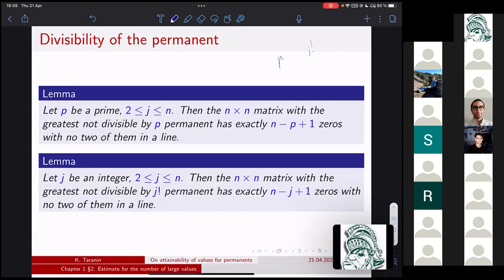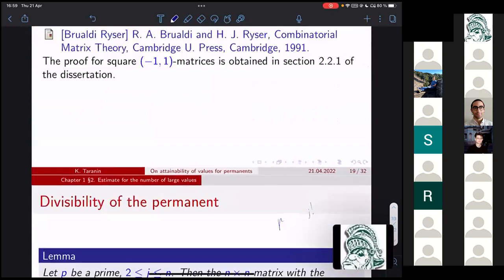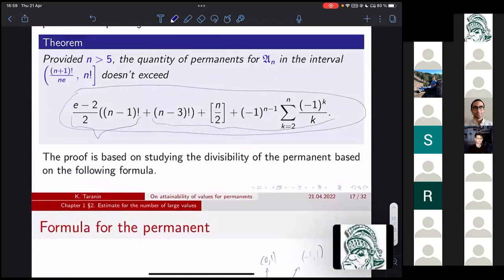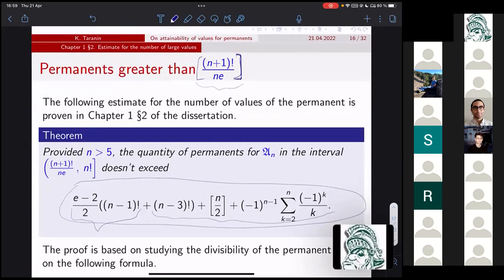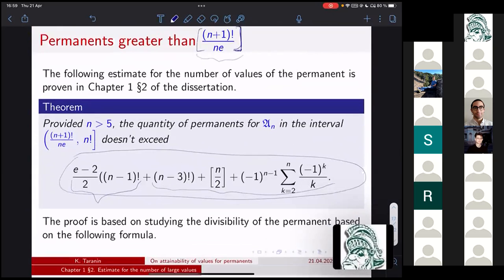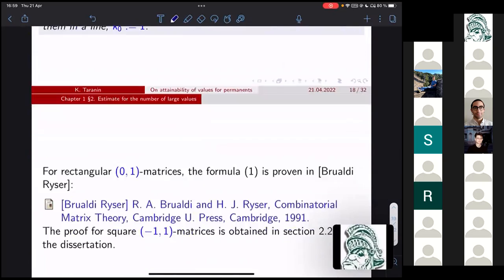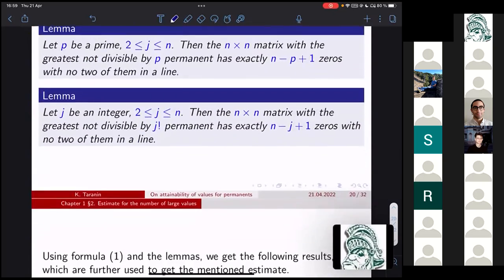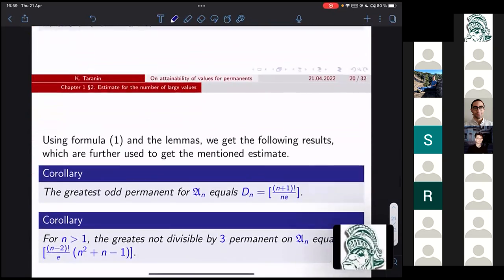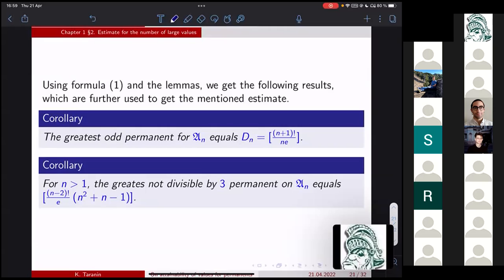And thus the number of such permanents is very limited, and the limit is actually something about this. So that's the idea. These are the greatest odd permanent and the greatest not divisible by 3 permanent.